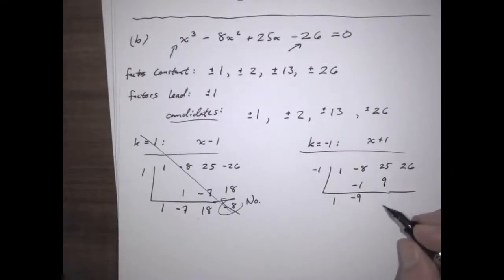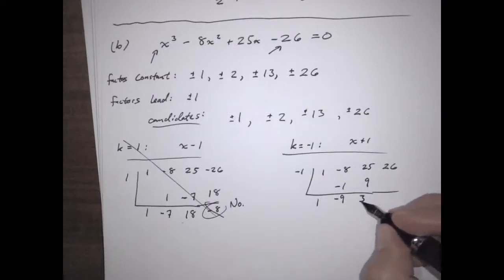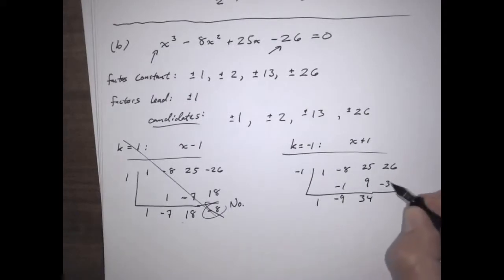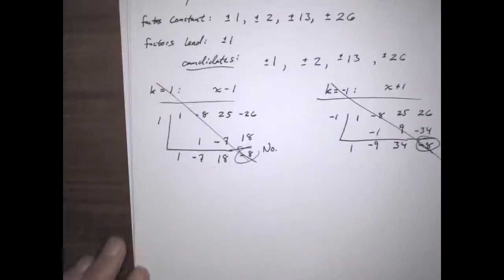Add makes a 34. Multiply makes a -34. Add does not make a 0. Doesn't matter what it is, but it's not 0. Not really relevant. No. Okay, so no on that.